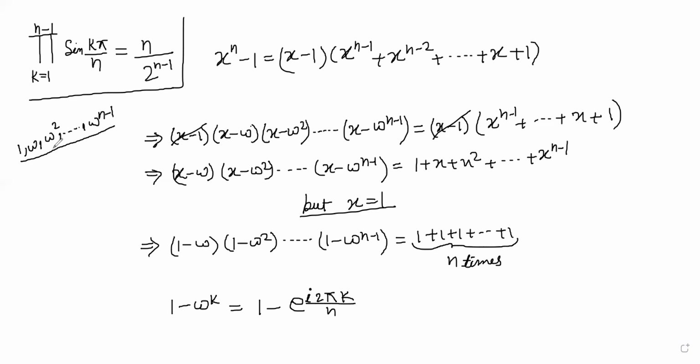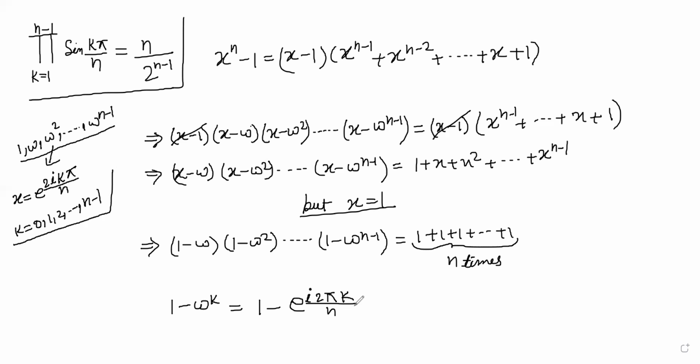We should notice that the nth root of unity is actually x equals e to the power 2 iota k pi upon n, where k goes from 0, 1, 2 till n minus 1.